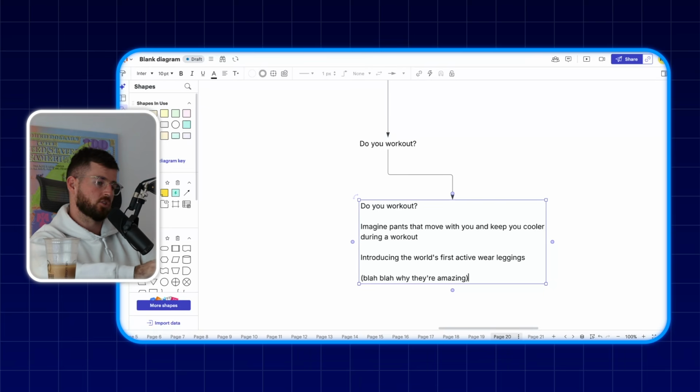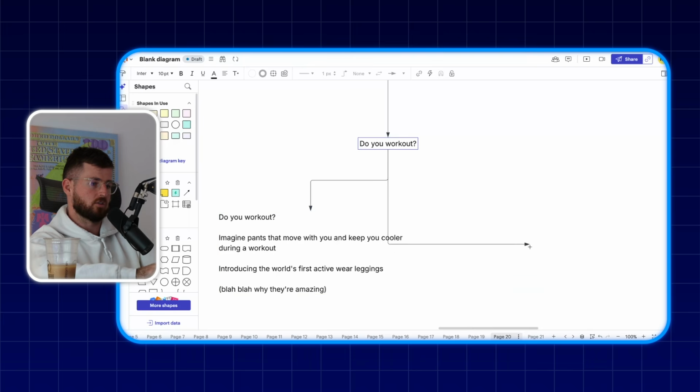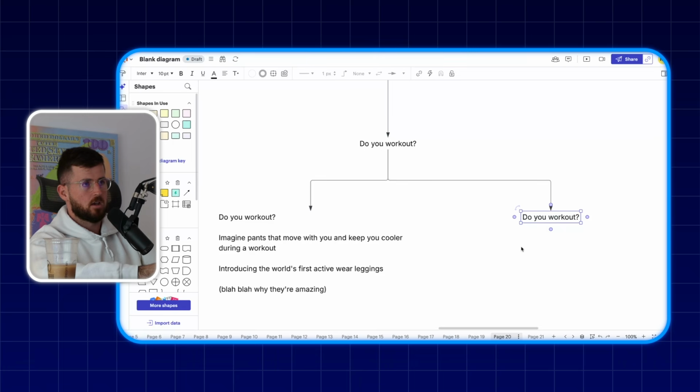So then I'll write the rest of the script here if I'm going to do a video, or if I'm just going to do a photo, for example. Do you work out? Then it's like, okay, what am I going to showcase to someone? I don't know, maybe a lady wearing these leggings. And then what I'll do here is not write a script, but I'll put like 3 key points for the most part.